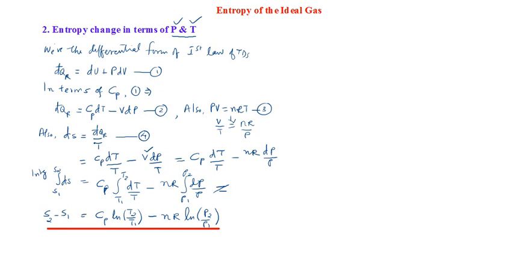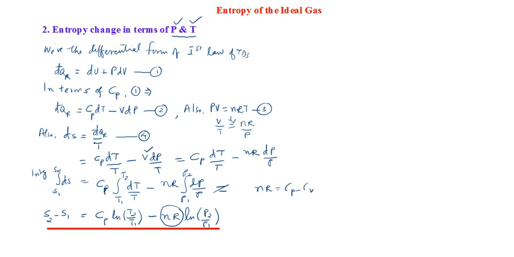Whenever you find NR in the expression, always remember that NR is equal to Cp minus Cv, because these are capital Cp and capital Cv, the heat capacities, not specific capacities. Or you can write it in terms of the molar heat capacities.